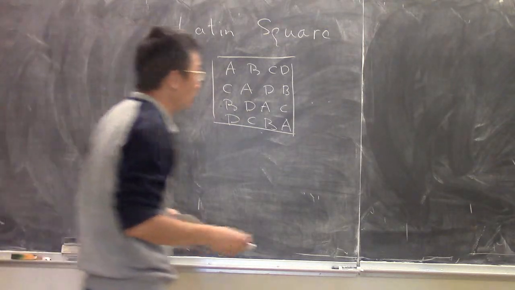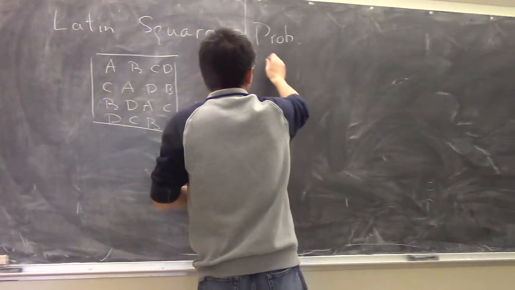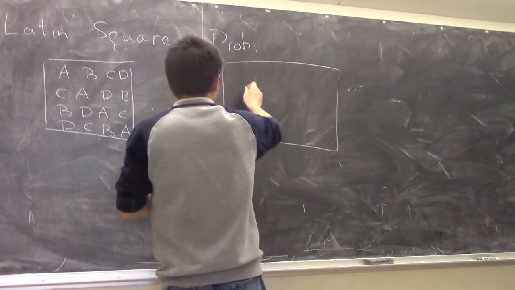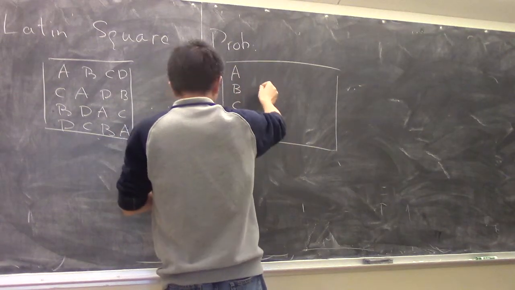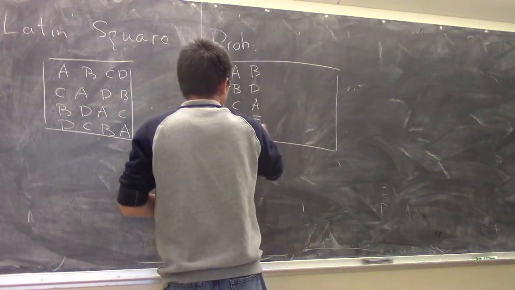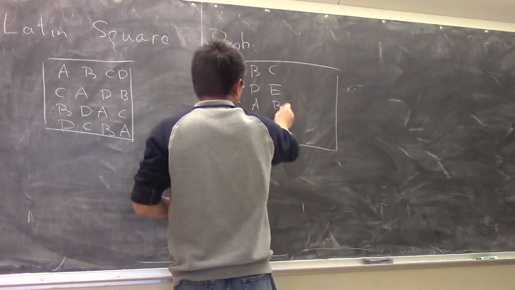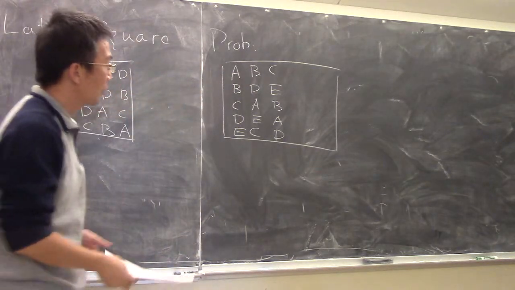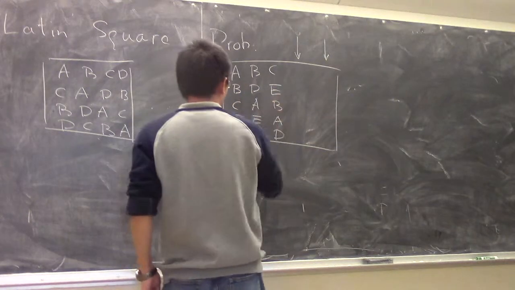So now the question is a problem. Now I have a partial Latin square. Say I have A, B, C, D, E, B, D, A, E, C, and C, E, B, A, D. Now I want you to add 2 columns to complete this partial Latin square.